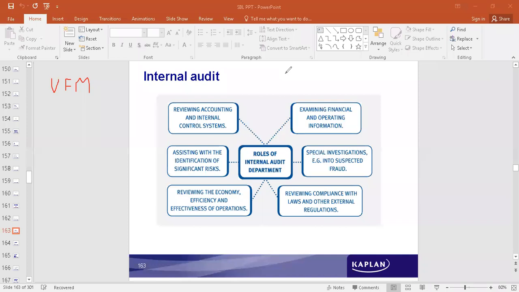The benefit is to assist internal control. But whether an internal audit function is required or not also has to be verified. So the function of the internal audit department is to check about the value for money.